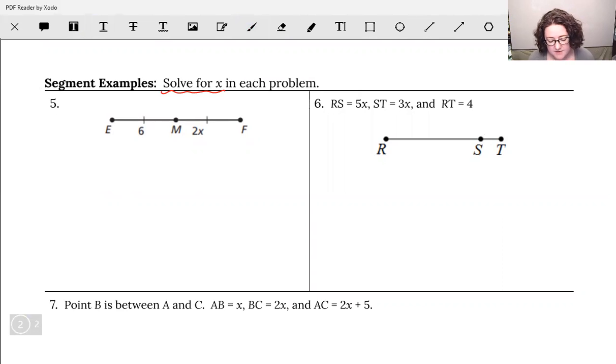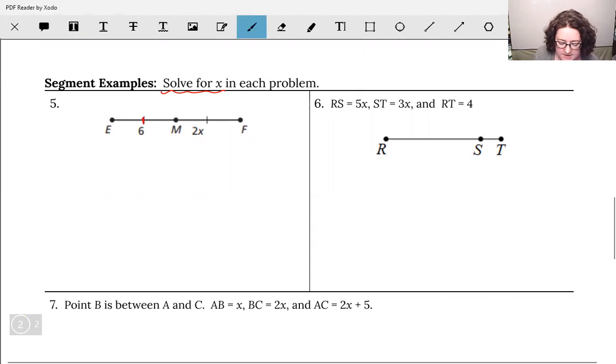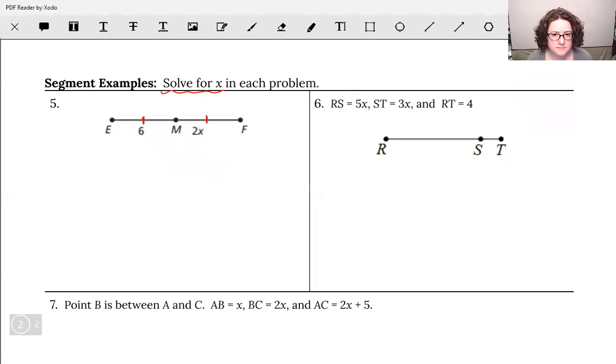So in example number 5, you'll notice I have those marks in there. We have a little dash mark on both sides. So what did those marks mean again? Okay. They mean we have congruent segments. So that means we actually have 2 congruent pieces on here. So if I already know that the parts are equal, then I can just set them equal to each other.